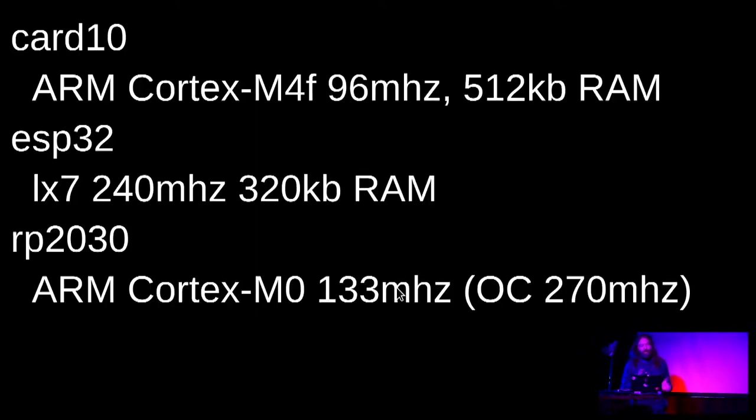So amongst these microcontrollers, the first one, even though it's slower than the others, has lots more memory and has hardware floating point, which also the ESP32 has. The Raspberry Pi Pico, the RP2030 or 40, doesn't have hardware floating point.